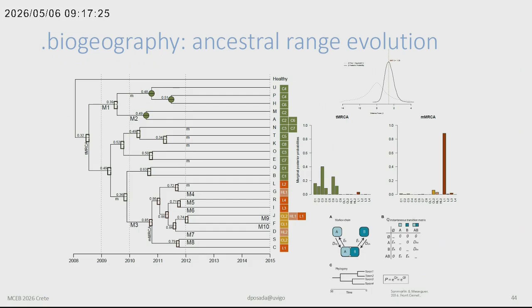Therefore, we cannot use a standard discrete phylogeographic model, but we have models for ranges, right? These models allow us to model the distribution of locations in which some species or some clone lives. We can estimate the ancestral ranges as well, okay? Those types of models. And that's what we did.